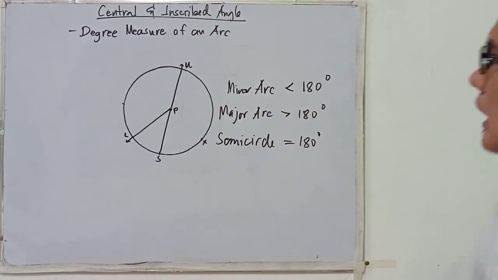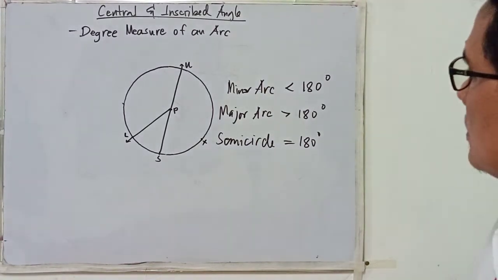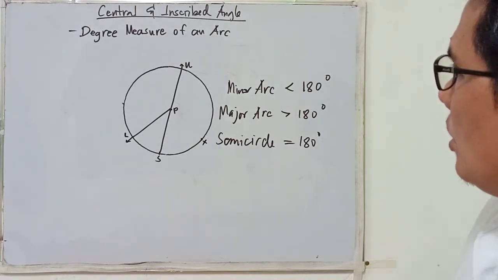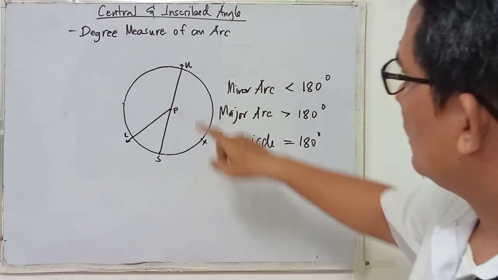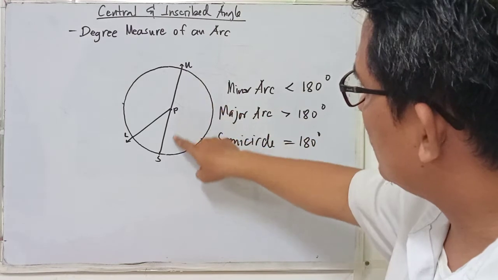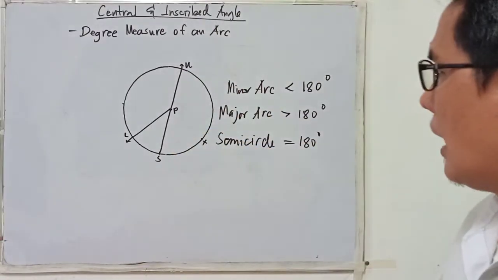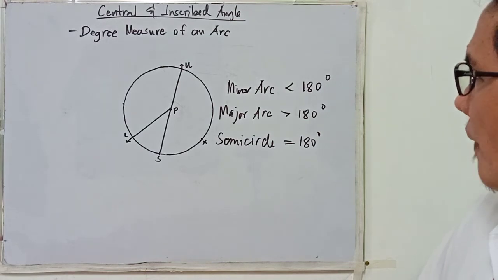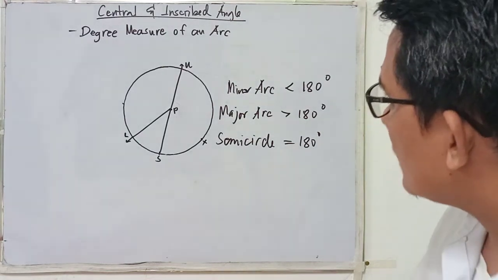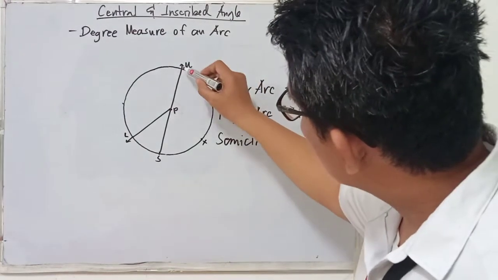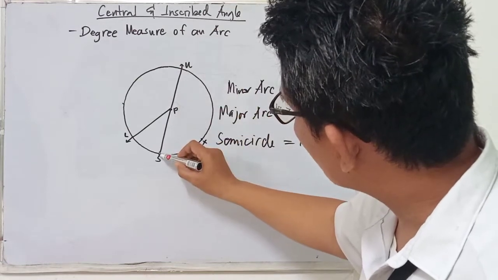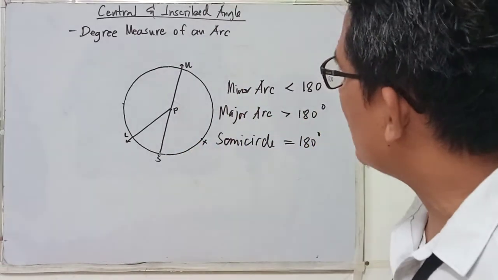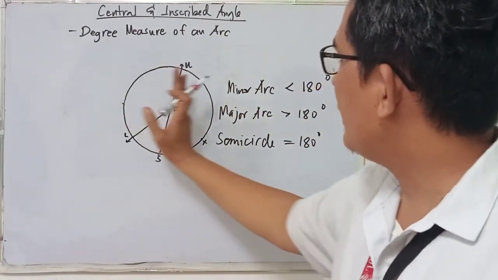So what are the minor arcs here? Always remember that if we draw a diameter, it cuts the circle into two equal parts. The measurement there is half and half.